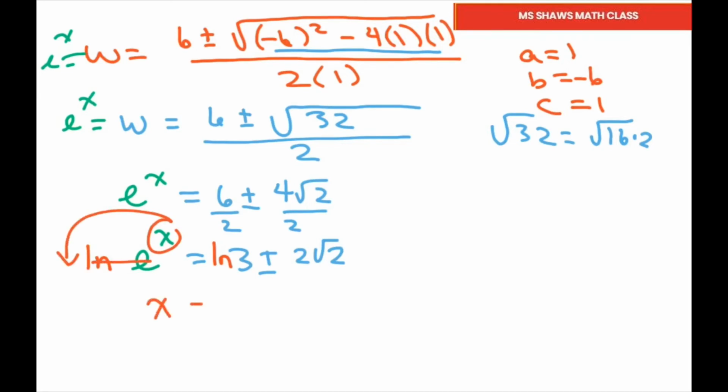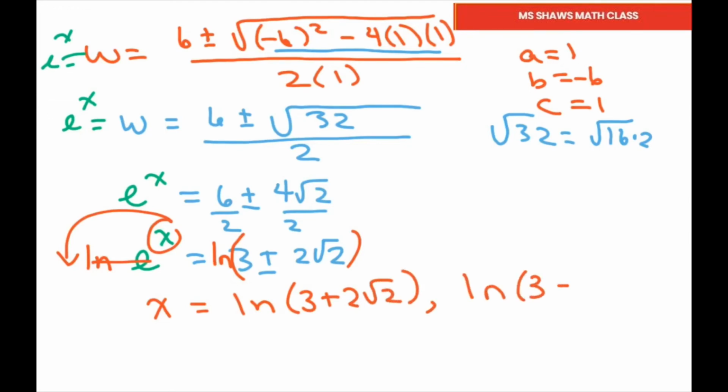So you get x equals, I'm going to split this up, ln of 3 plus 2 square root of 2, ln of 3 minus 2 square root of 2.